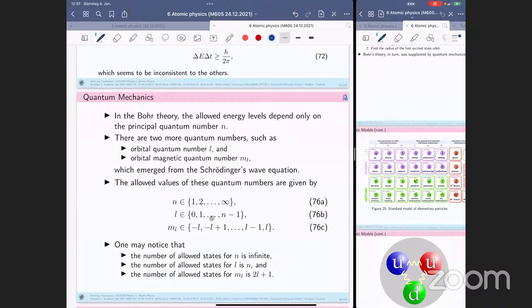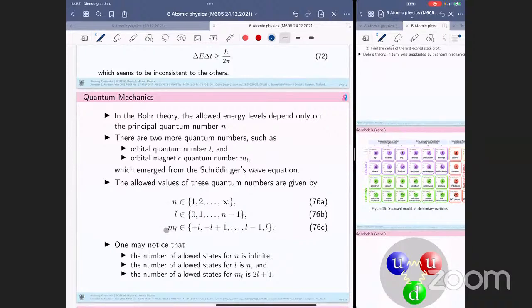And L could start from 0, 1, 2, 3 until the maximum, N minus 1, subtracted by 1. For example, if N is 5, L can be 0, 1, 2, 3, 4. Not 5, since 5 is the maximum value of N.